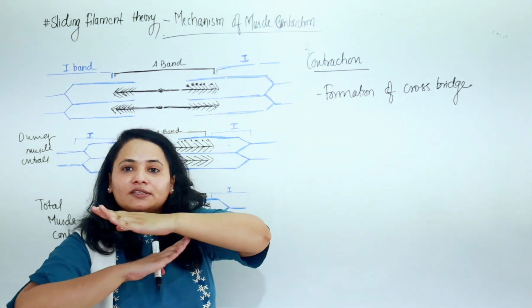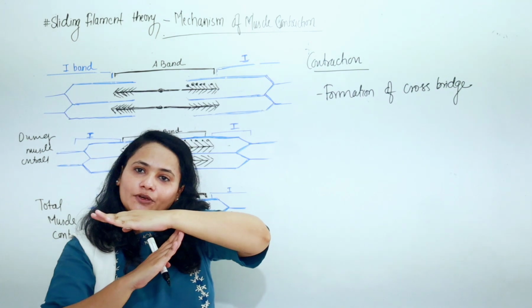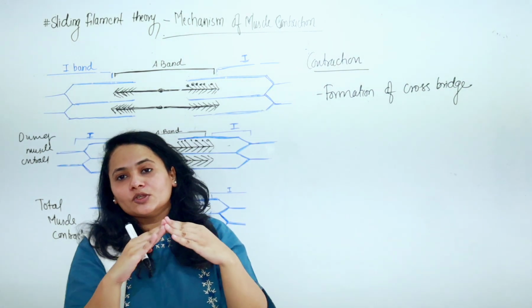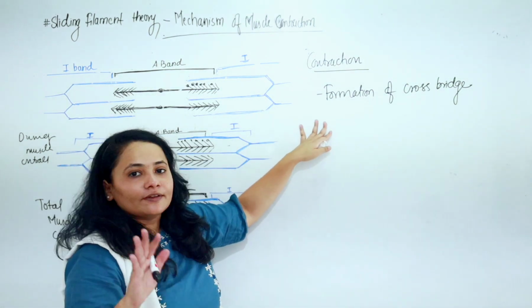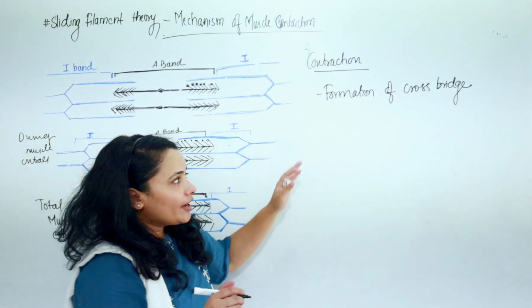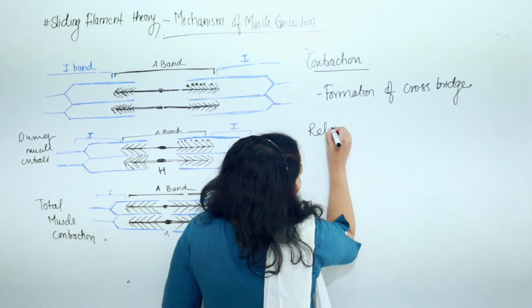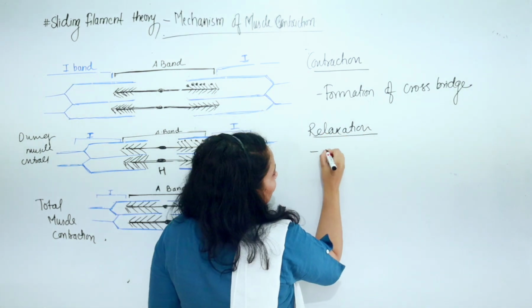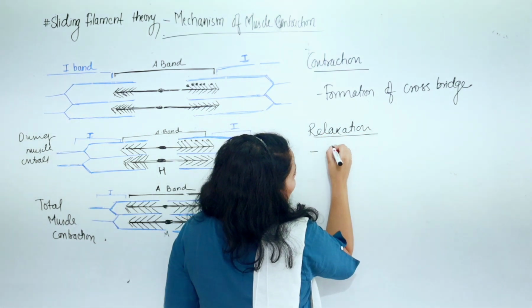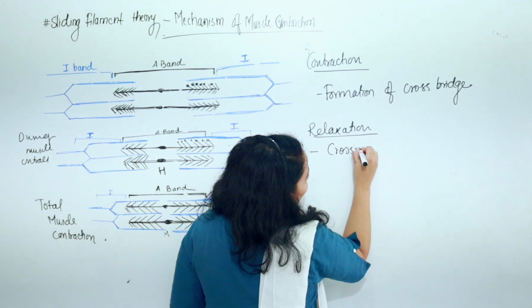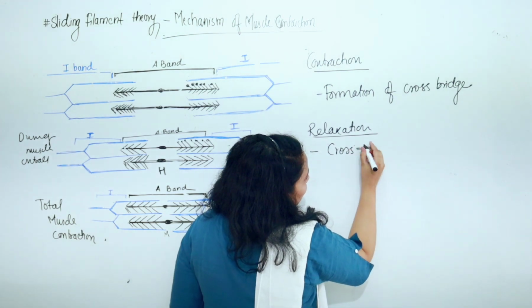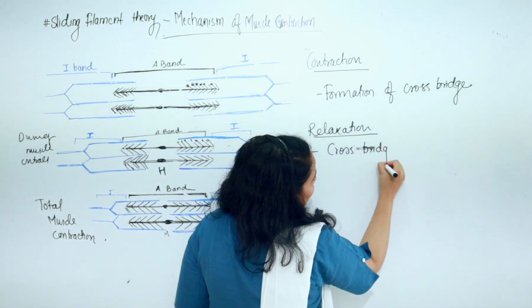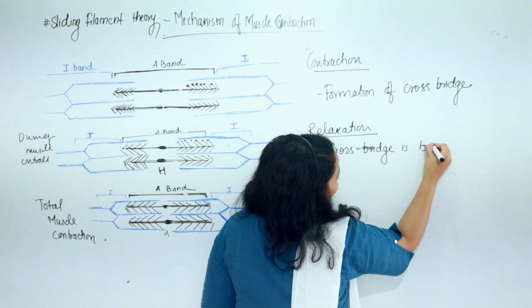When myosin binds the actin, this is known as cross bridge. So when the cross bridge is formed, you can say that the contraction will take place. And when is the relaxation? Relaxation of muscle takes place when there is a breaking of cross bridge, or this cross bridge is broken.